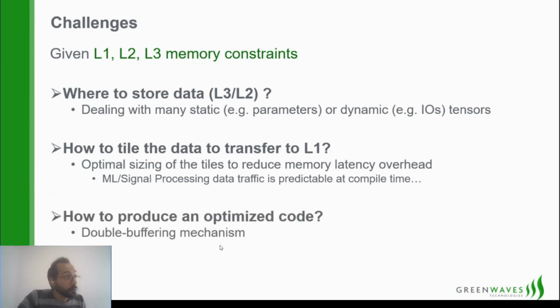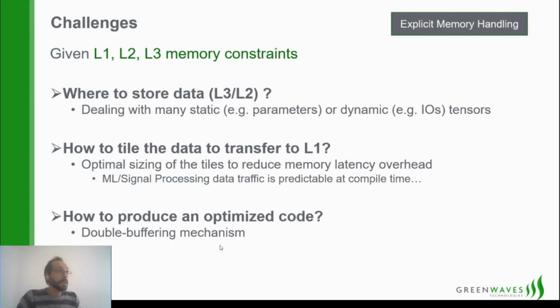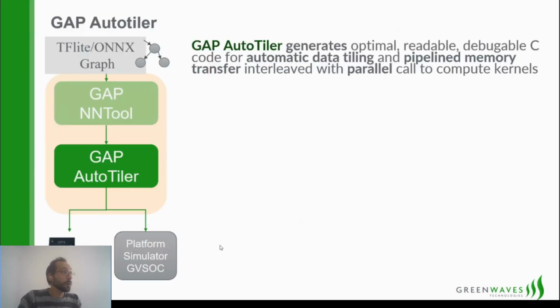And also then we have to implement this double buffer mechanism. So where, for example, if we have an image, we can divide it in multiple tiles. And if you want to apply a convolution, we can copy the first two tiles, make the cores work on the first two tiles, and then ask in the meantime the DMA to move the data. And this is actually tackling this explicit memory handling, which I was talking about before.